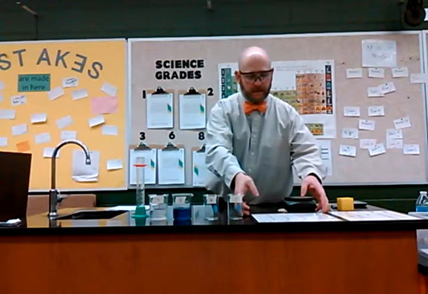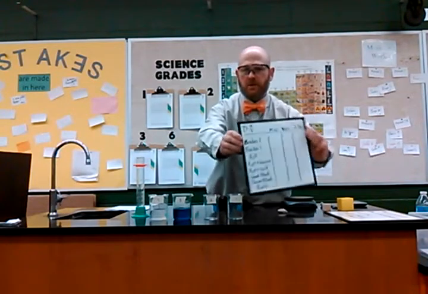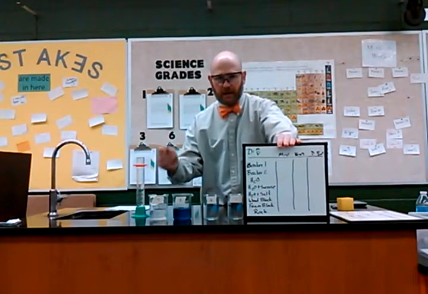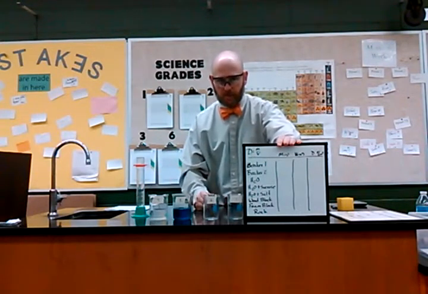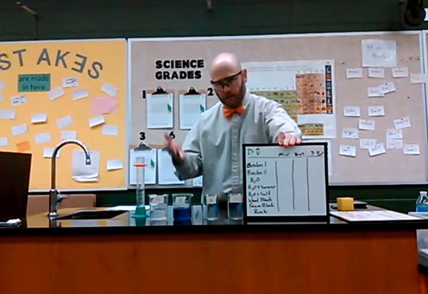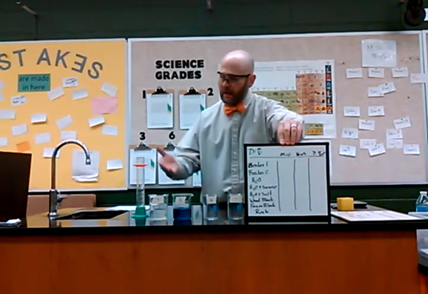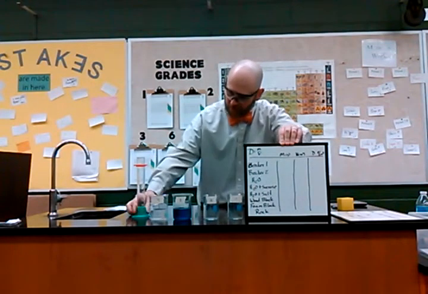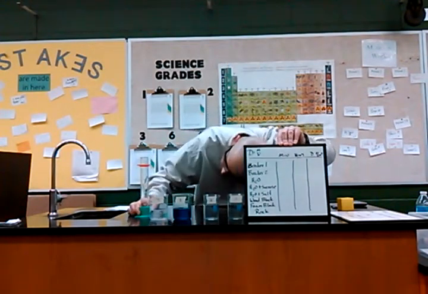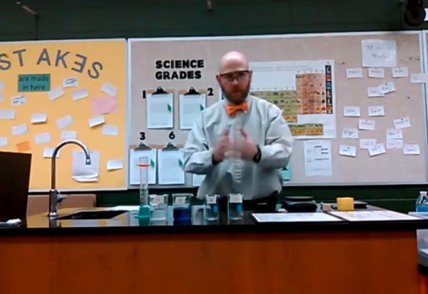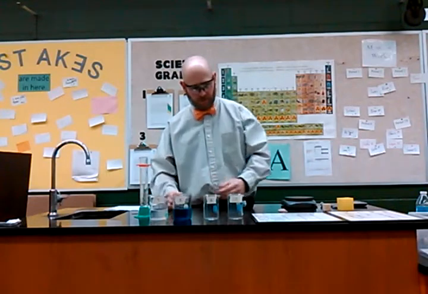So in my table, I have H2O, or water, as my first. Water is my control in this entire experiment because it gives me the base comparison for densities. And if my calculations are correct, here I have a graduated cylinder full of 70 milliliters, which would be equivalent to 70 cubic centimeters.